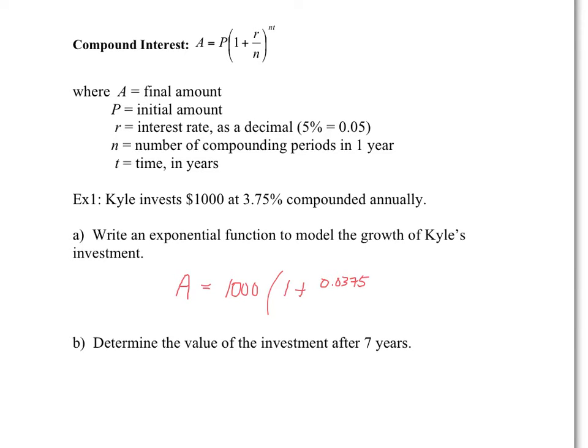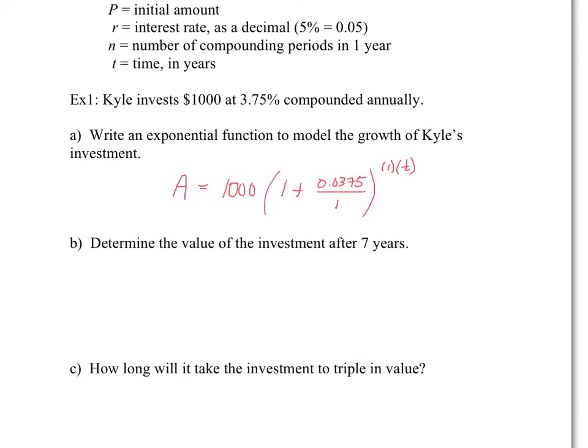Because it's 3.75%, you turn it into a decimal, so move the decimal twice over. 1, 2, over. Compounded annually, therefore we're only going to get that return once, and n is 1, so you have 1 times t, which we don't know, so we're going to write t. It would really depend on the amount of years that you leave that money in.